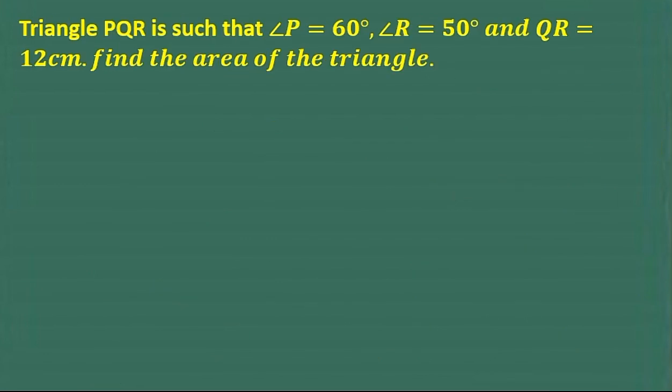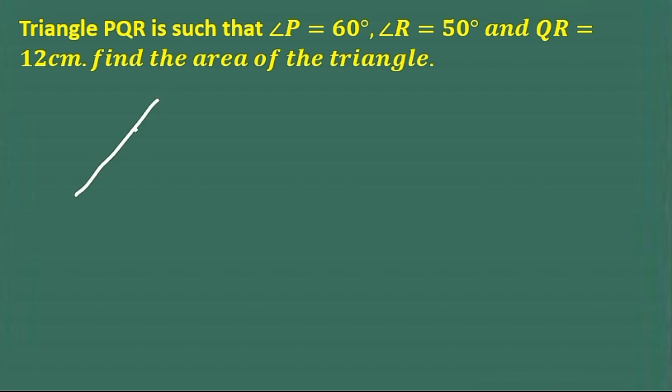Let's also try another scenario. In this case, we have the angles given, angle P 60 degrees, angle R 50 degrees, and QR 12 centimeters. So in this question, 2 angles are given and 1 dimension of the triangle is given. Let's sketch the triangle first.